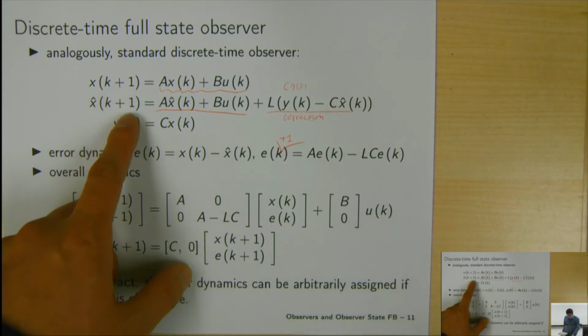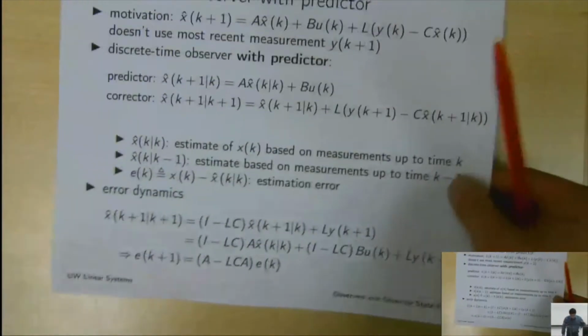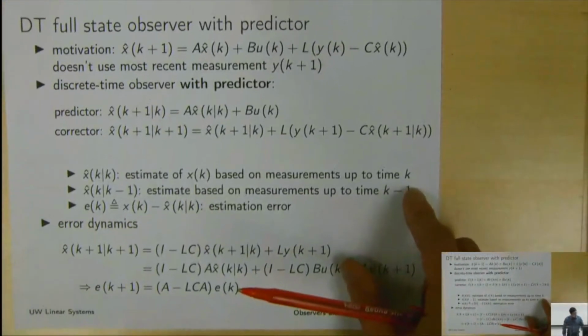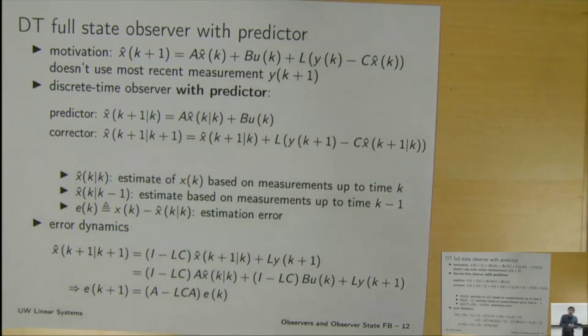The main observation to make is that this is the so-called full state observer, but with a predictor inside.